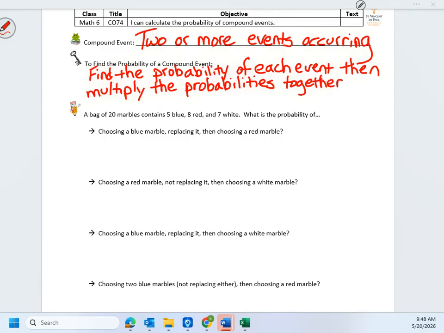So these are the fractions, not the percentages. So those initial fractions that we find. So you find that fraction for each event, and then we multiply all those fractions together.